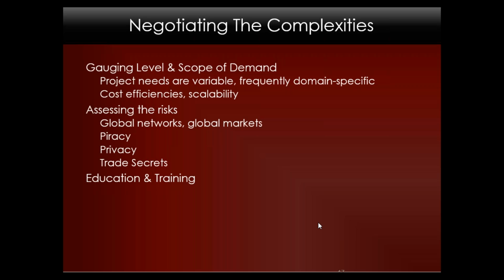Publishers come in different shapes and sizes, so the resources that may be available to a very large commercial publisher are not necessarily the resources that a small or mid-sized society may be able to offer. There are things that we need to negotiate between what a content provider's platform can tolerate and what a researcher actually needs.